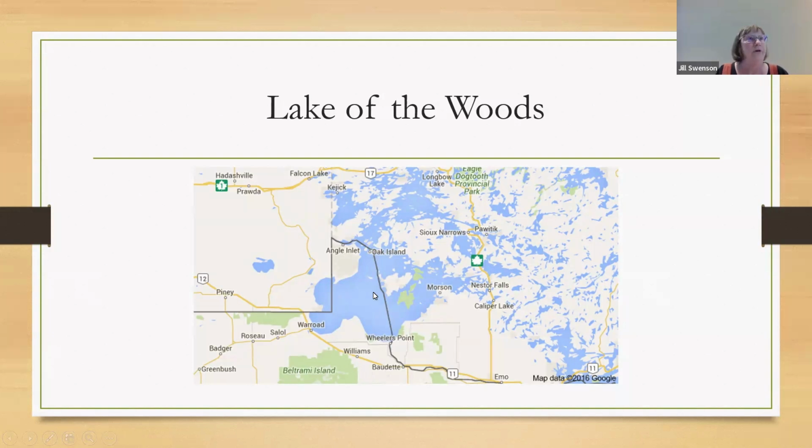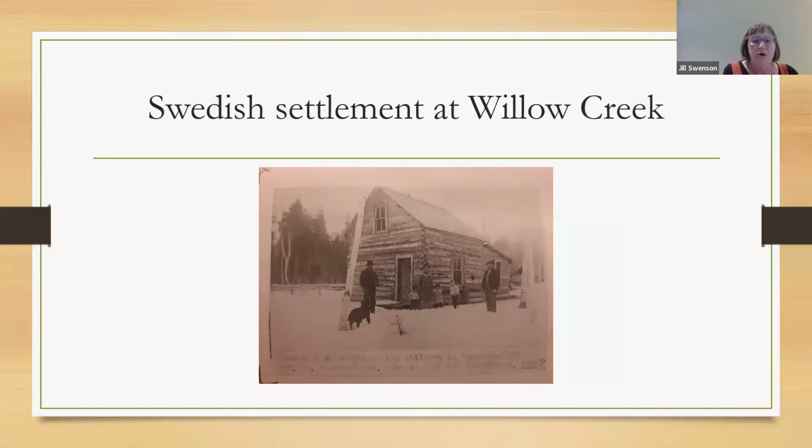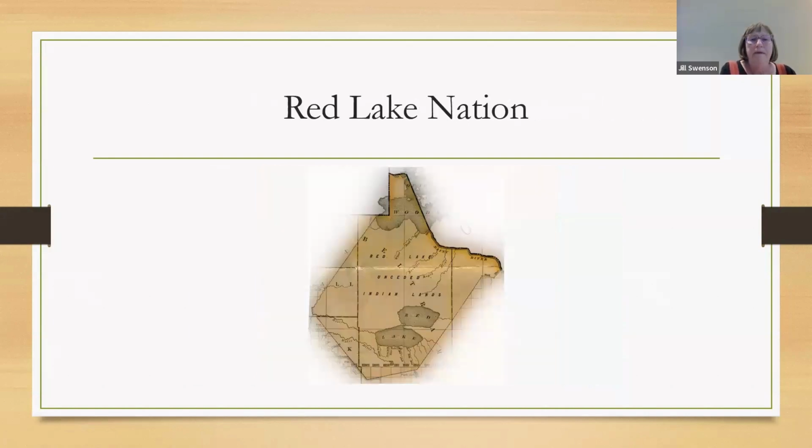It's a fluid border, literally, right? And so this is the area just east of Warroad where my great-grandparents homesteaded. That's their original log cabin. And you'll see up here, this is right in Red Lake Reservation land.